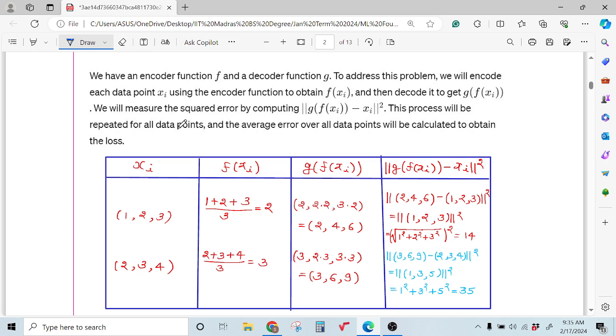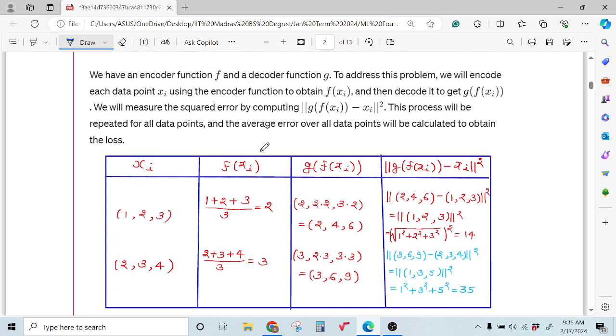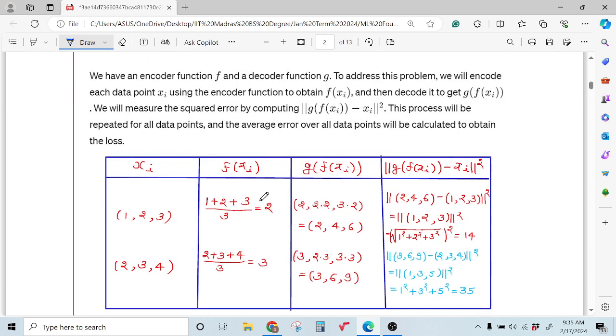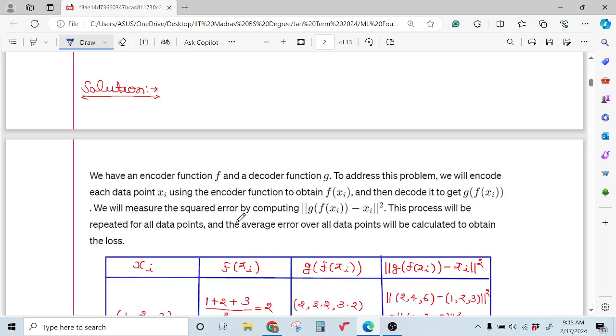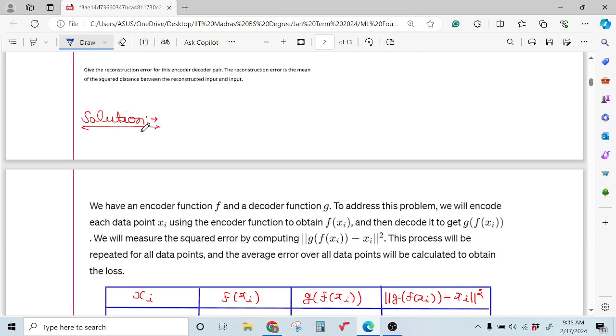These are points from the R3 plane. So we have an input 1, 2, 3, and we first encode it using the function f. What is the output from this encoder function? 1 plus 2 plus 3 divided by 3, because f(x) given is (x1 + x2 + x3) by 3.